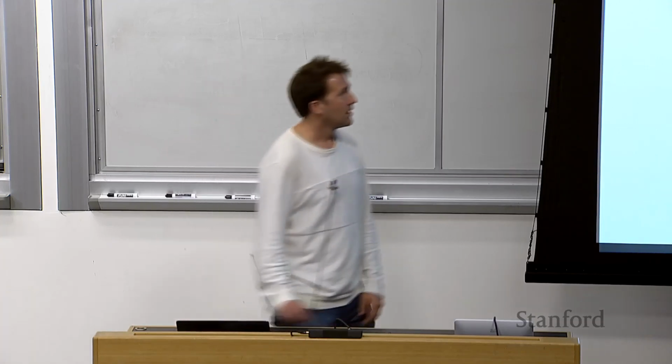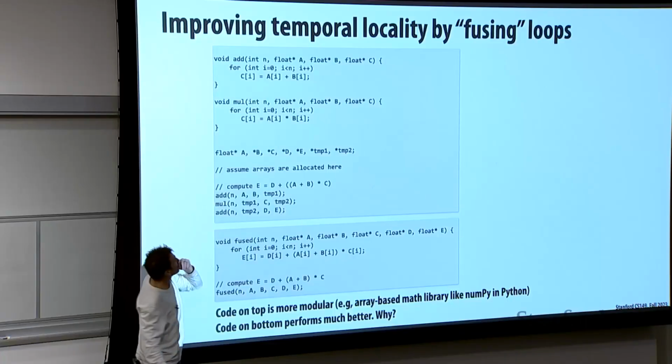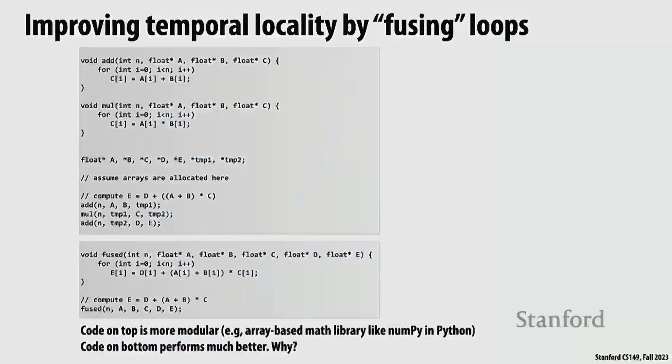So here's another example that pops up in all of your lives very often. Here is a program, I wrote it in C, but it looks a lot like code you might run in NumPy or something like that. I have a bunch of library functions for multiplying arrays or adding arrays. This is very much like Saxpy from assignment 1.